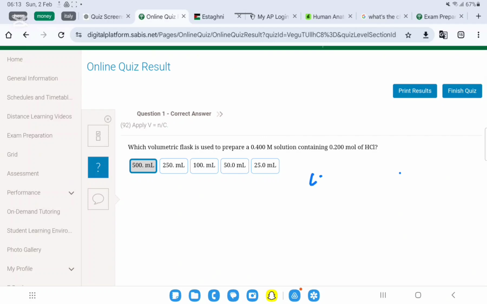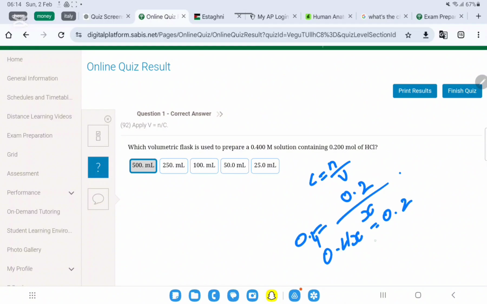So we know C equals n over V, n being 0.2, and we want the volume. 0.4x equals 0.2. 0.2 over 0.4 equals 0.5 liters, and the options are in milliliters. To convert that, we multiply by 1000. It is 500 milliliters.